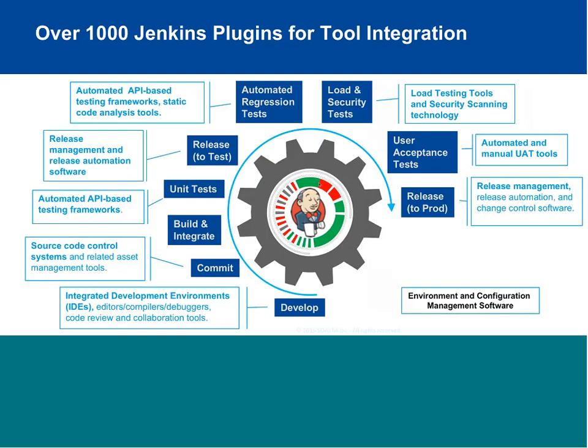So the Jenkins integrations and ecosystem are a key part to being able to automate and orchestrate a CI/CD pipeline such that you can rapidly go from development through to commit and build, to executing your test and ensuring that you have continuous quality and continuous performance in the software product that you're delivering.